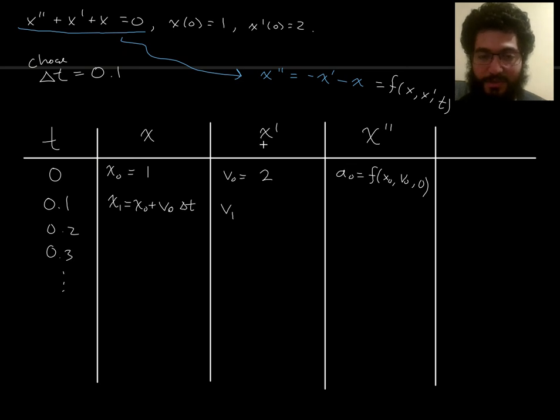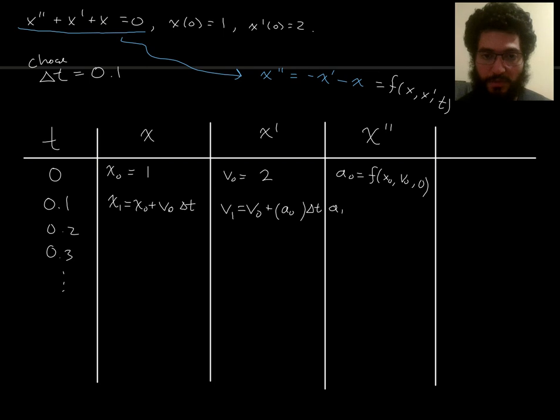So you see, I'm applying the same Euler step idea, but to x prime rather than to x. So shifting, doing the same thing, but shifted to the right by one column. So v1 is going to be, the new v is the old v plus delta t times the last known rate of change of v, which was a naught.